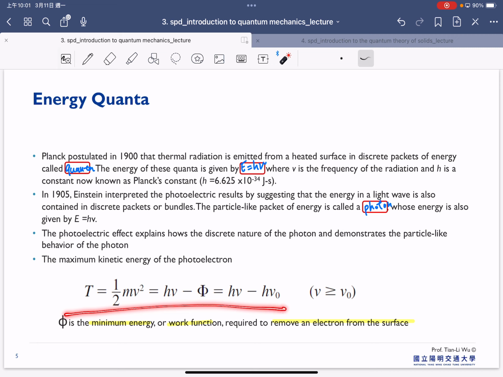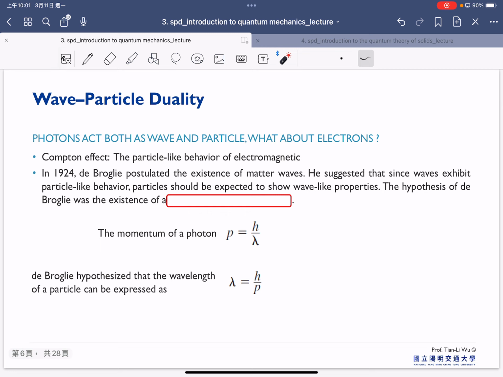But if you're still confused, you should go back and check some fundamental physics, which can explain this in further detail. Here we just quickly go through it because this is not the point we will focus on in this class.